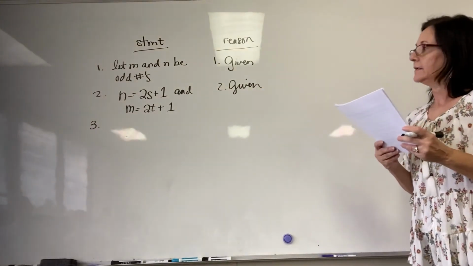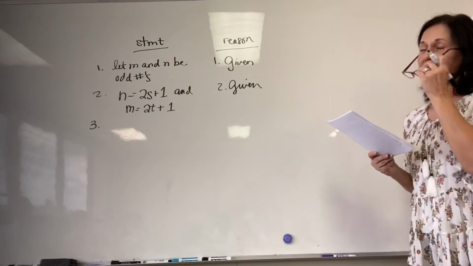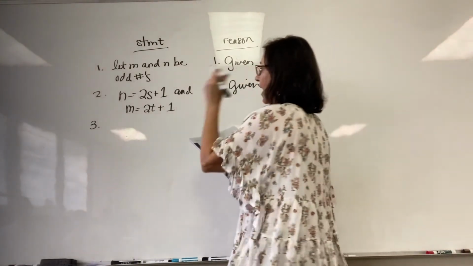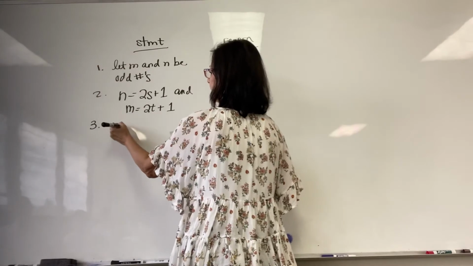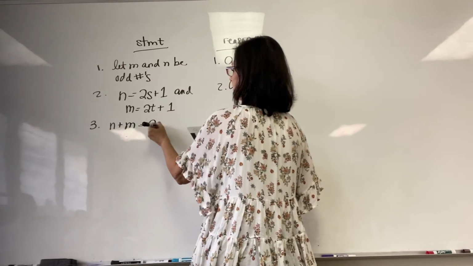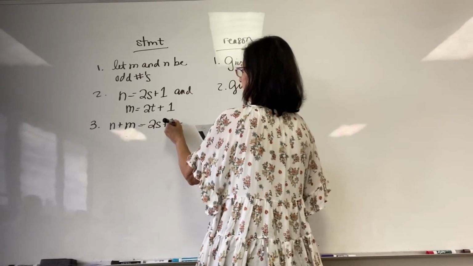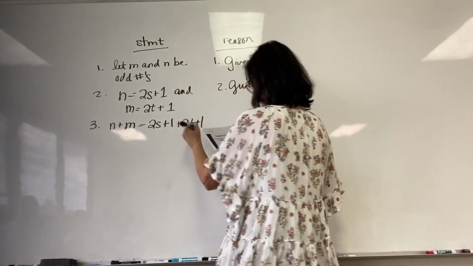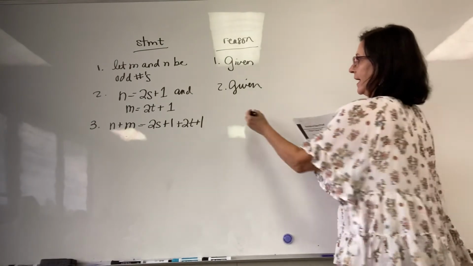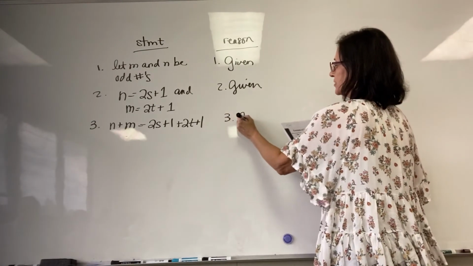Now, I can manipulate these equations by using algebra. All right, if I add N plus M, then I add what's on the other side: 2S plus 1 plus 2T plus 1. And that would be addition.